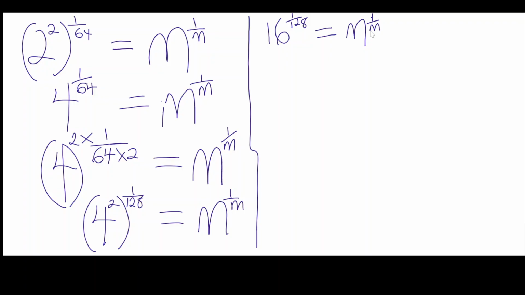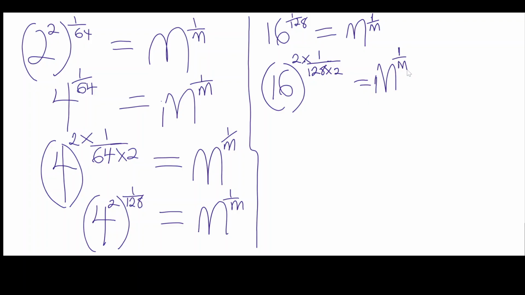So it becomes 16 to the power of 2 times 1 over 128 multiplied by 2. Of course, nothing is being changed because I can easily divide 2 and 2 like this to still give us 1 over 128. But this is how I want it done. So all equals m to the power of 1 over m.